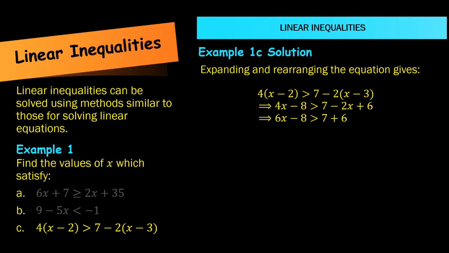Then tidying up, 4x plus 2x is 6x. We leave the other numbers as they are, and then tidy up some more. 7 plus 6 becomes 13.